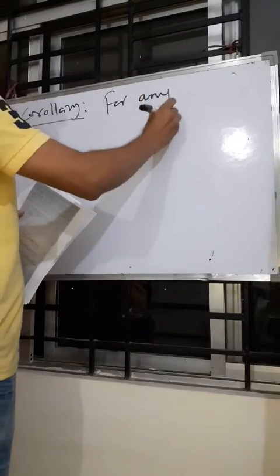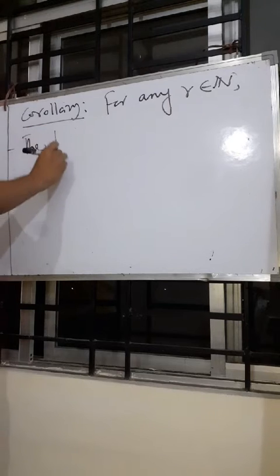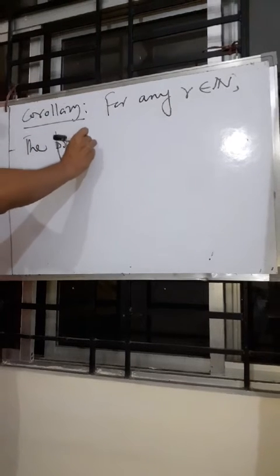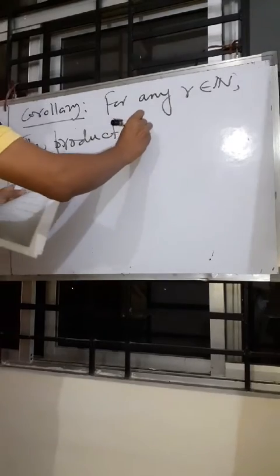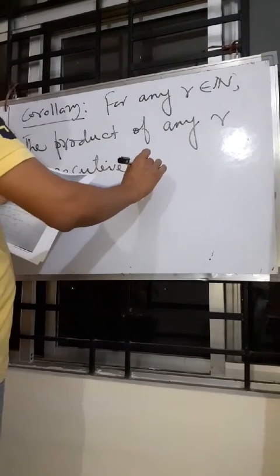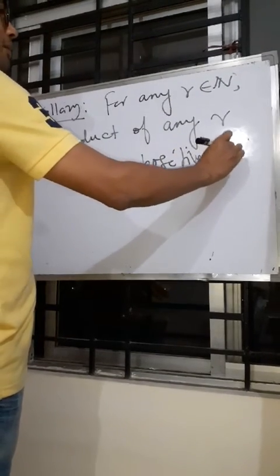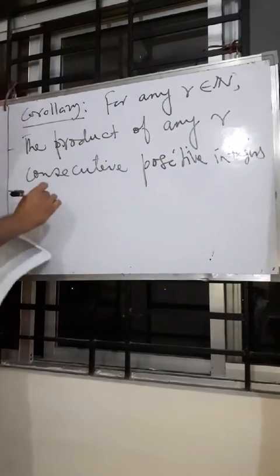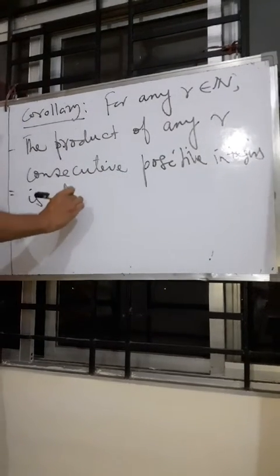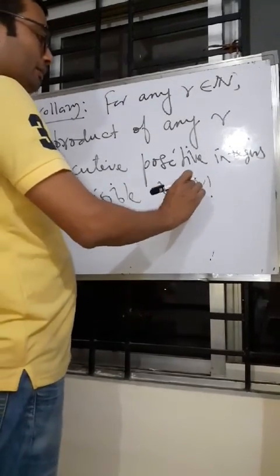For any r in N, the product of any r consecutive positive integers is divisible by factorial r.